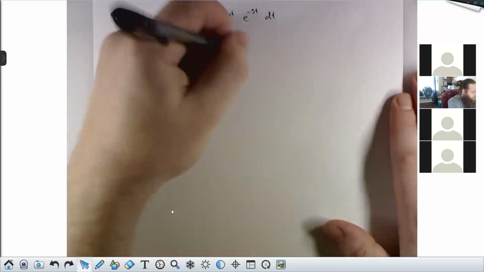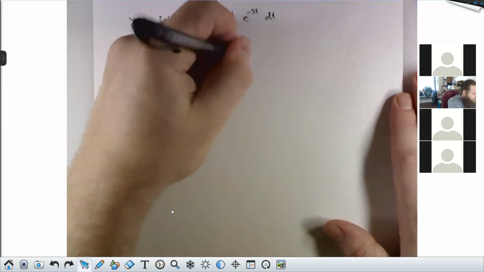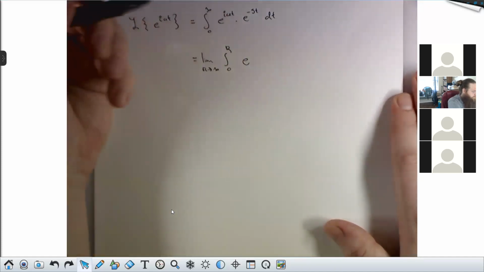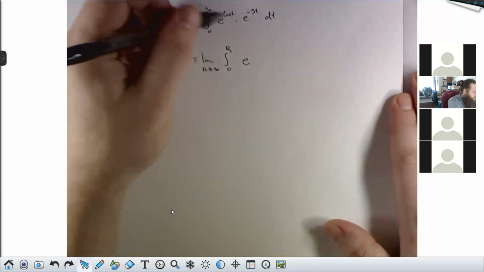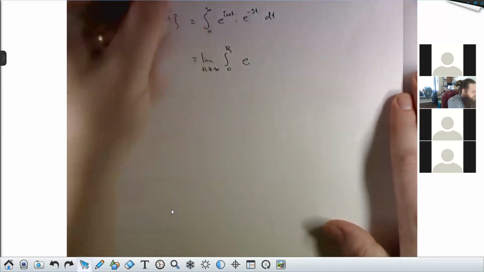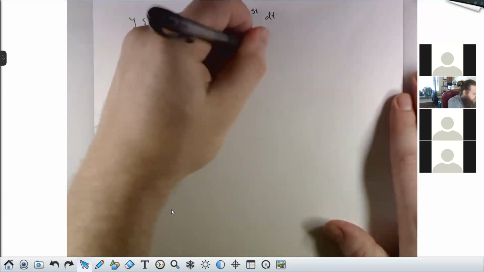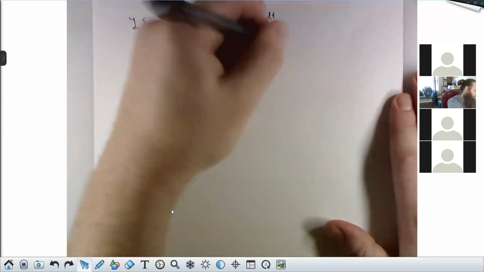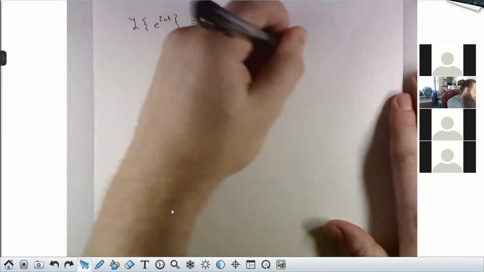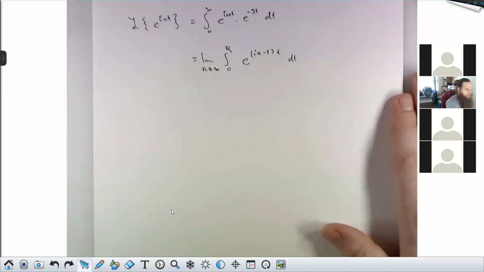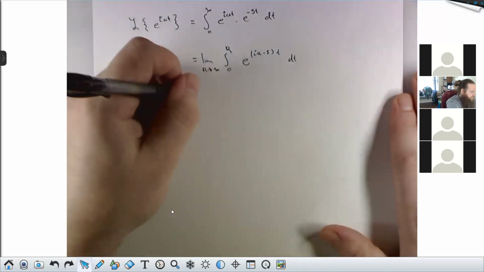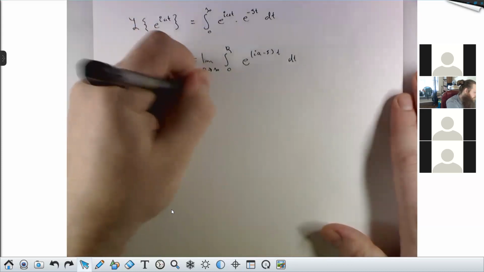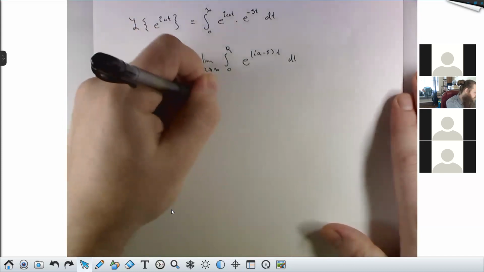Limit, 0 to r. Within the integral, I can combine these two exponentials as e to the (ia minus s) times t. And now you see how easy the integral is. Everybody loves integrating exponentials.